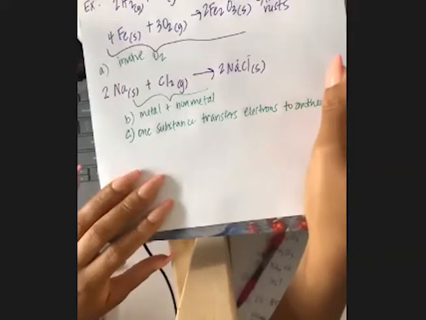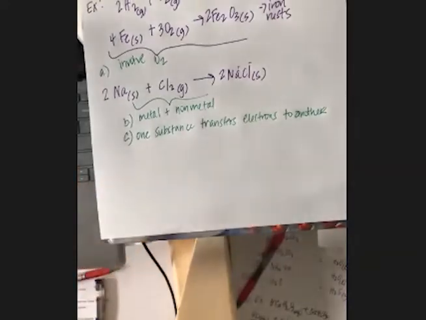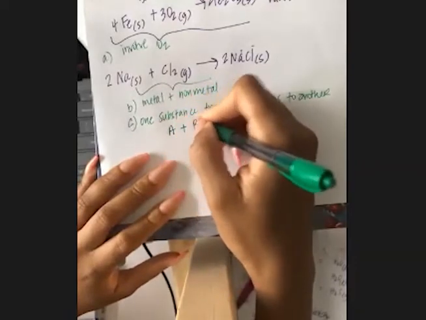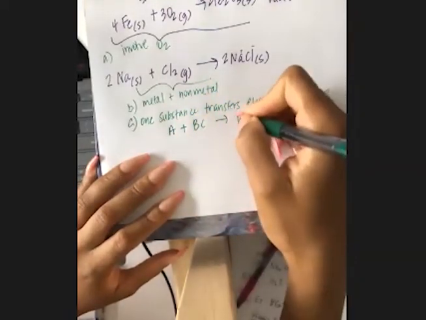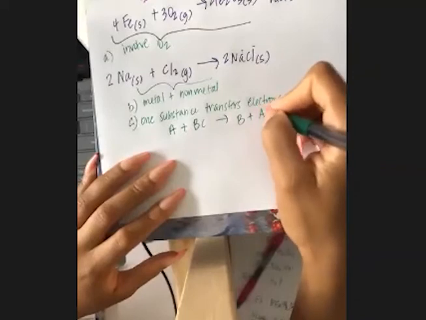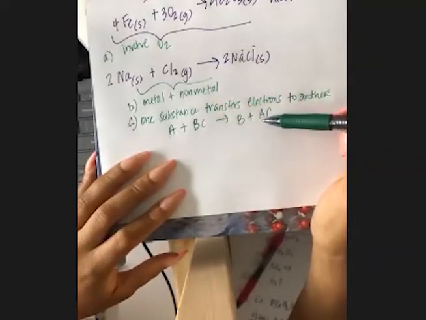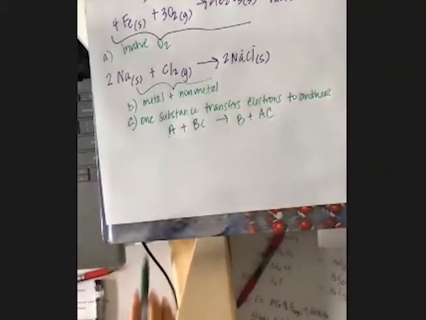And that's what occurs when we see single displacement reactions. Remember, single displacement says we have A plus BC gives me B plus AC. Basically, my A transfers its electrons to C.